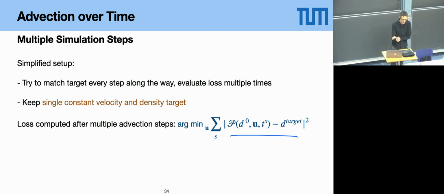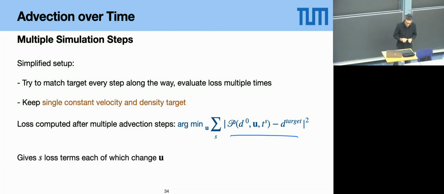We basically have a loss that is now made up of multiple terms. Let's say in this example, we want to do s steps of the advection operator, and we want to also compute s loss terms. So not just one final loss, but at each step along the way, we want to compute a loss and minimize that target.